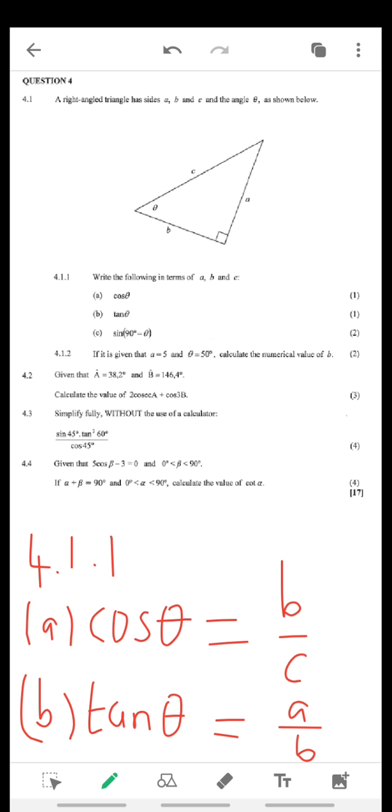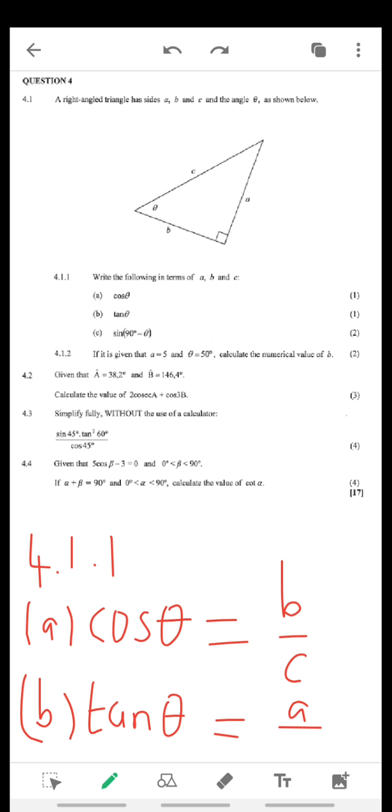And the angle theta, as shown below. Now, write the following in terms of a, b, c. What will be cos theta in this case? So we see that theta is adjacent to b and hypotenuse to c. So our answer will be b over c. Well done.